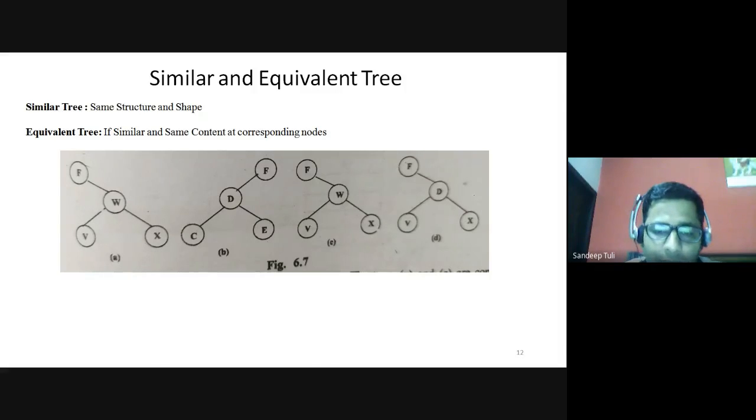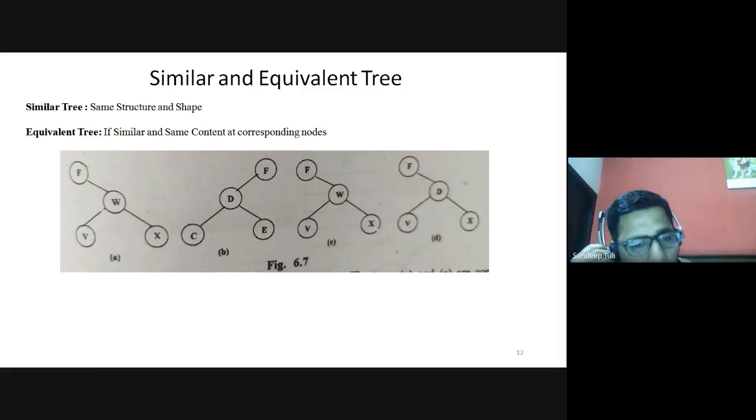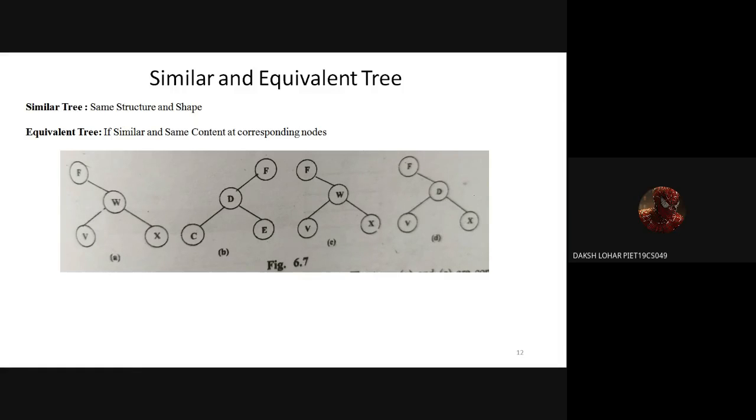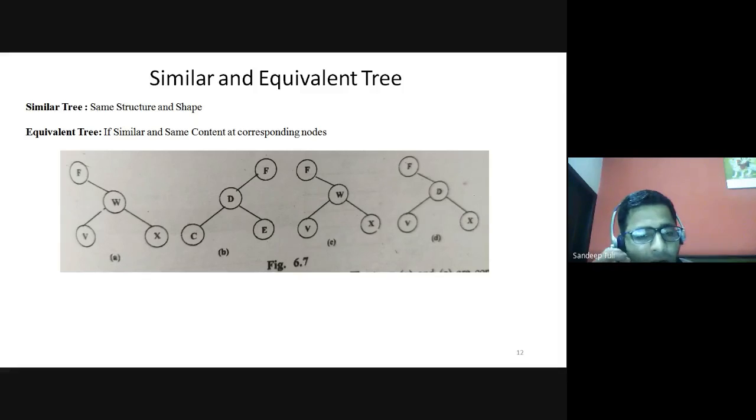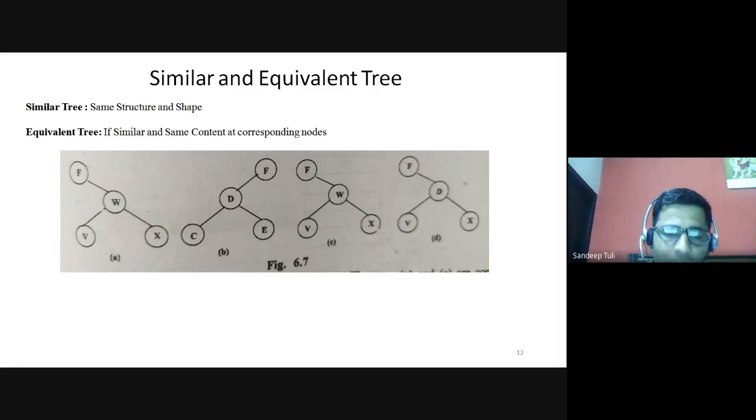Now tell me, A, B, C, D, four trees are there. If we talk about A and B, is it similar or equivalent? No, sir, A and B are not similar actually.